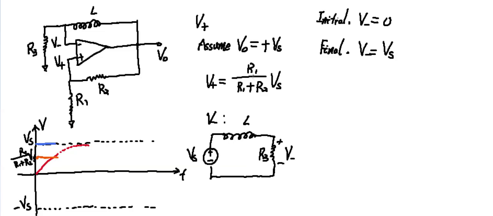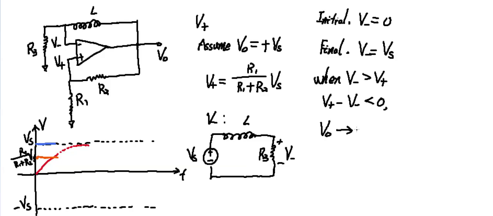So we know when V minus starts to become larger than V plus, then the input V plus minus V minus becomes smaller than 0. So that means for this comparator, the output VO will turn into negative supply voltage. It will be saturated at negative maximum voltage.